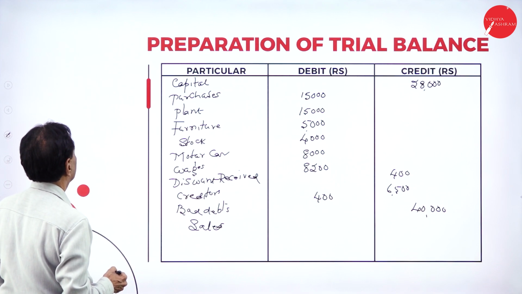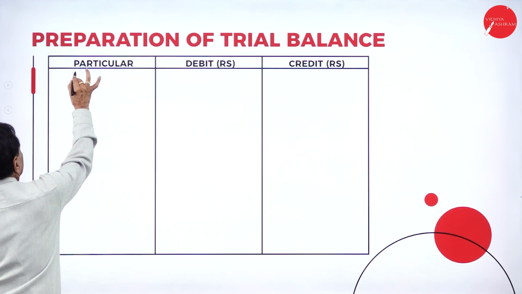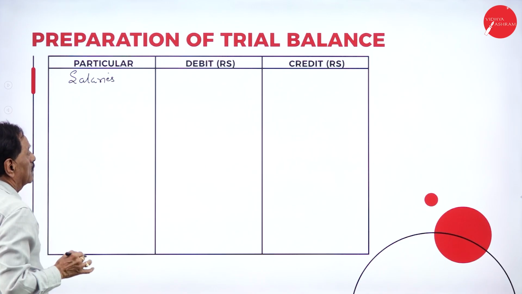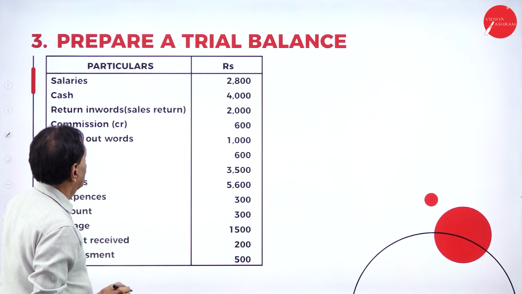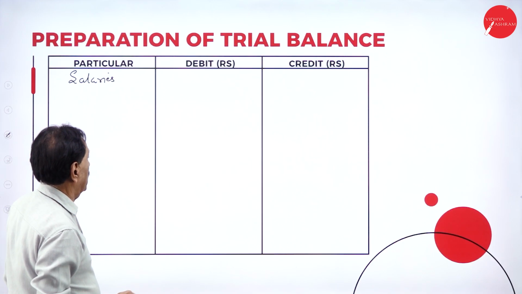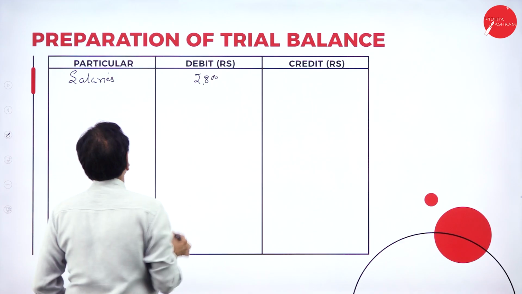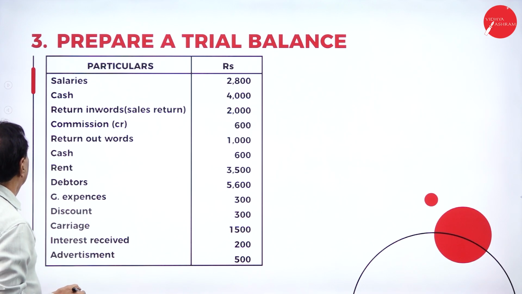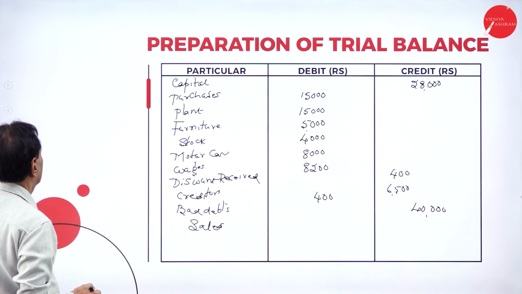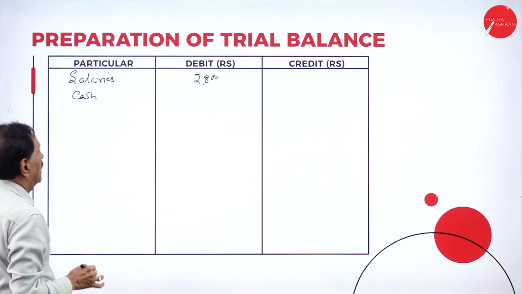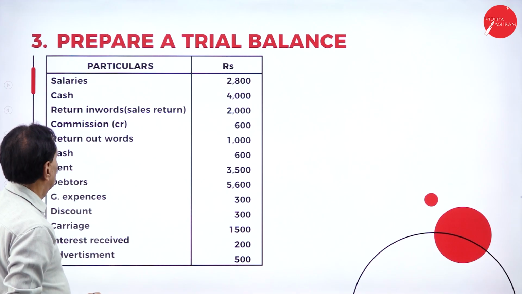Salaries. Debit side 2,800. What next? Cash. Debit side. Cash debit side 4,000.